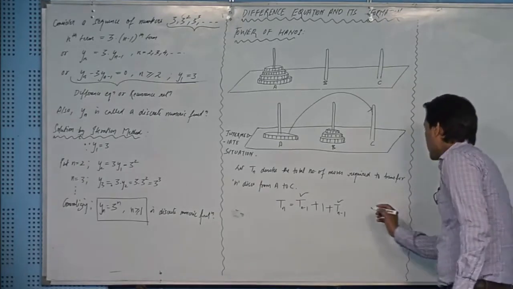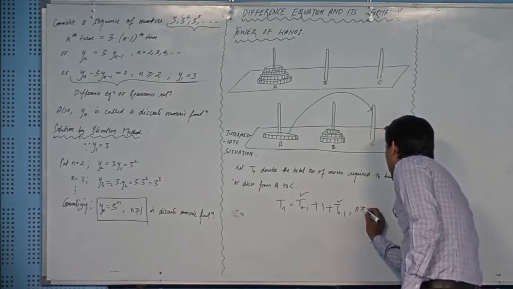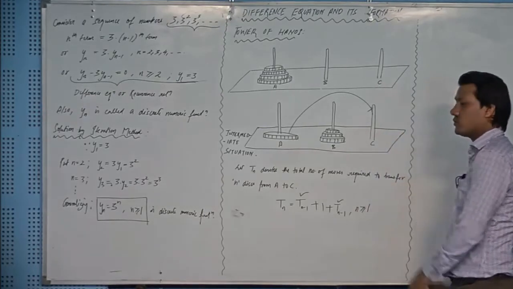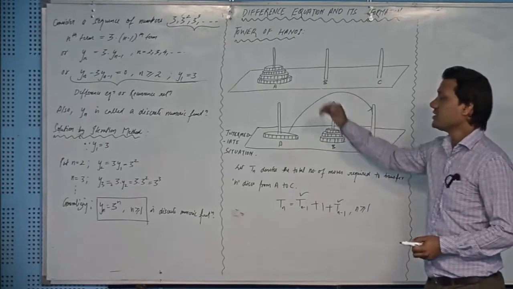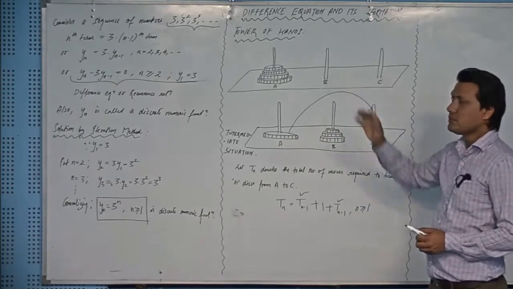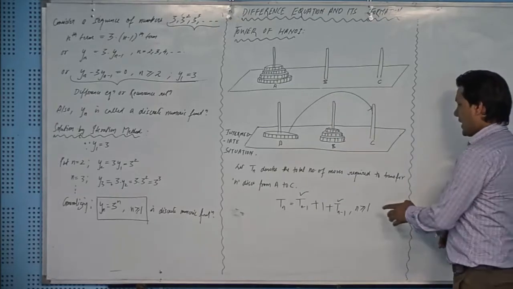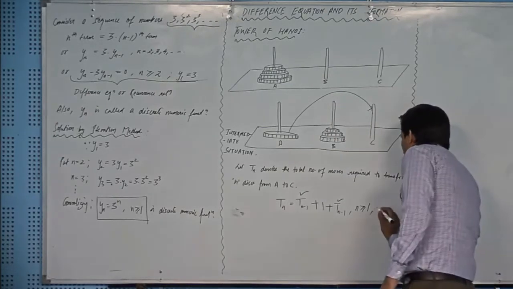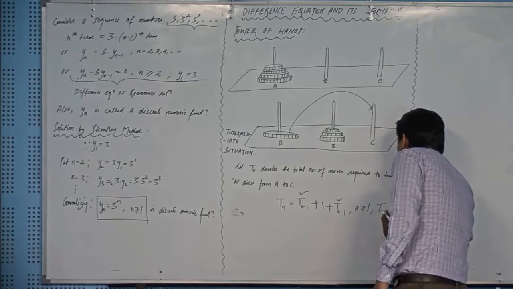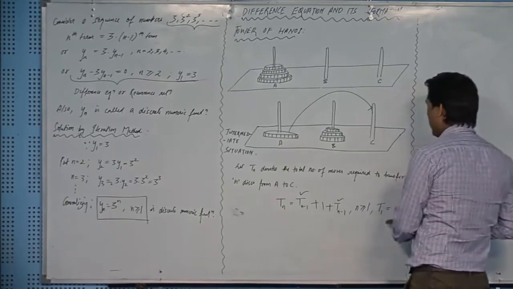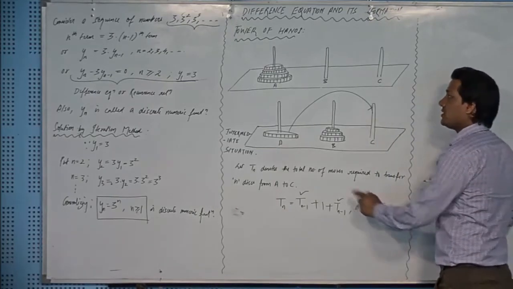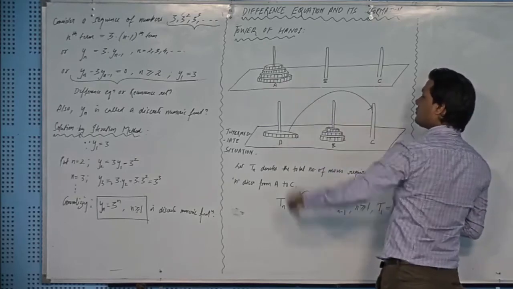So this is for n greater than or equal to 1, and 1, 2, 3, 4 and so on. It means that you can take one disk, you can take 2 disks in your problem. I have drawn only 4 of them. Okay, and what about the initial condition? The initial condition should be T1. It means that with the 1 disk available here at A, how many moves would be needed?